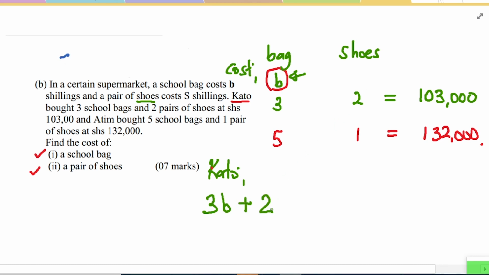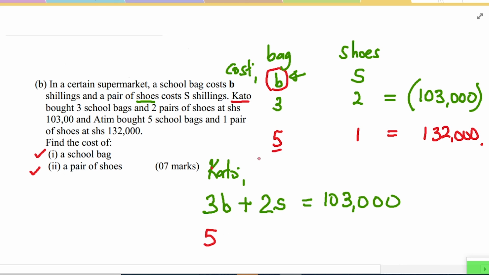We bought 2 shoes and the cost of each shoe is S, so it is 2 times S. This is going to give us the total amount of money Kato used, which is 103,000. Then for Atim, same story. She bought 5 bags, so it's 5 times the cost of each bag, plus the 1 pair of shoes she bought times the cost of each pair of shoes, which is denoted by S, and that gives us the total amount of money she spent, 132,000.